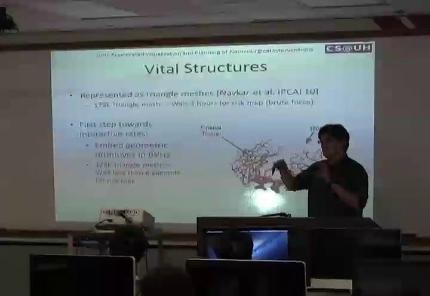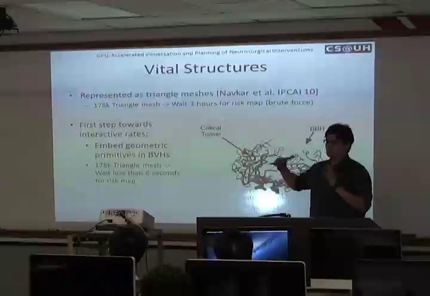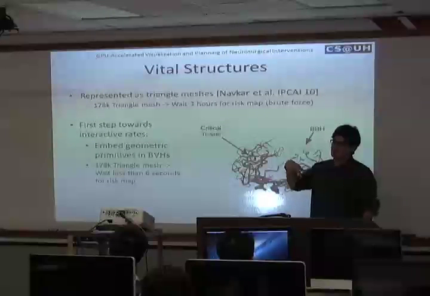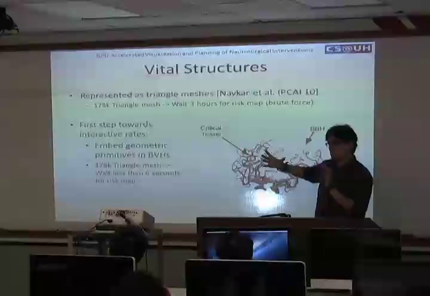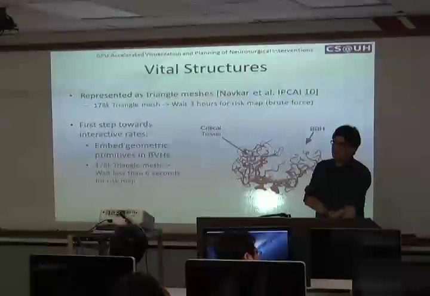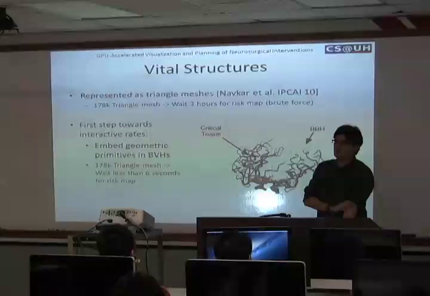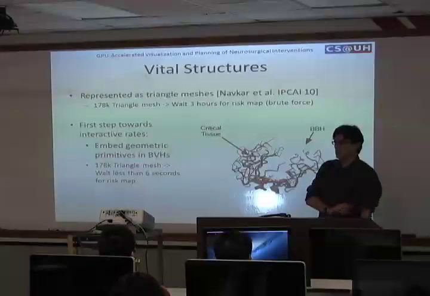If I have a mesh and I want to see if some directed ray intersects that mesh, I have to test it against every triangle. If I partition the space, I can avoid many of those queries. We used a data structure that makes that query logarithmic in the size of the mesh.